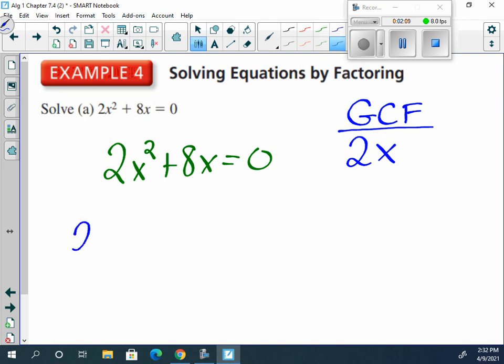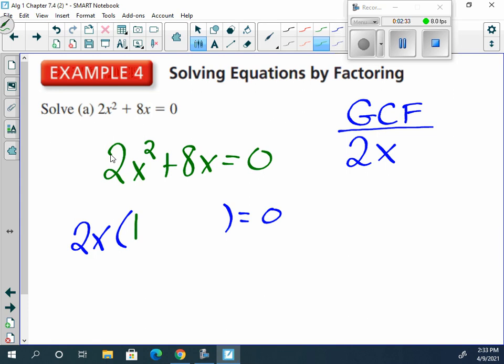And we're going to factor that out. And what we're essentially doing is we're dividing each term by 2x. Well, 2 divided by 2 is 1. x squared divided by x, it's the same as removing an x from it.